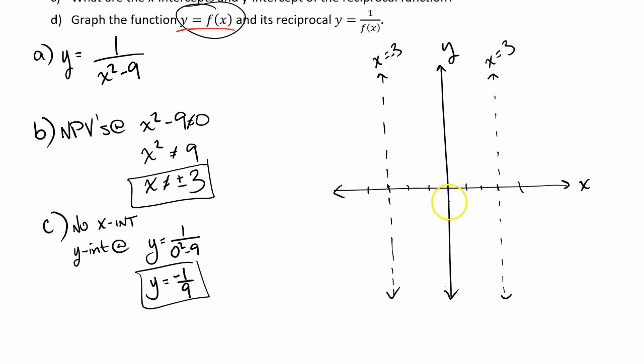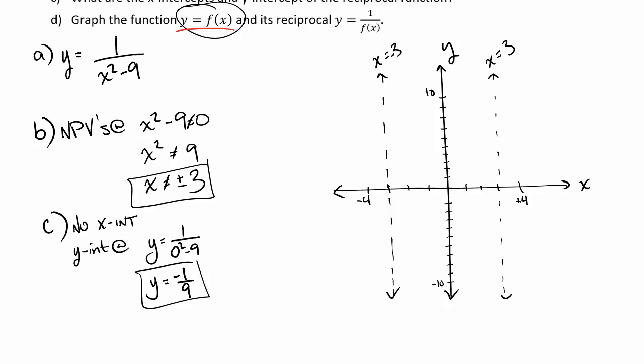So this is like 4, positive 4. Okay, so I'm giving myself a scale there.